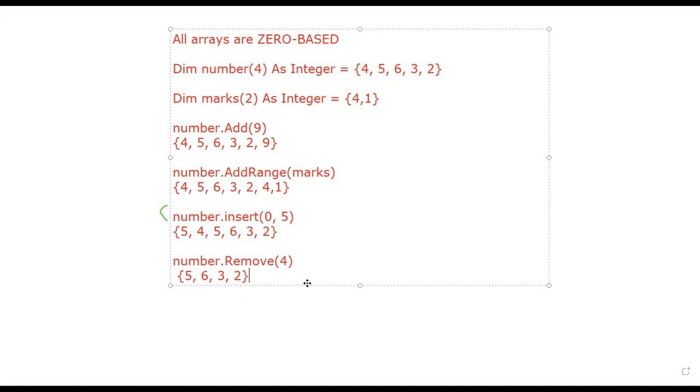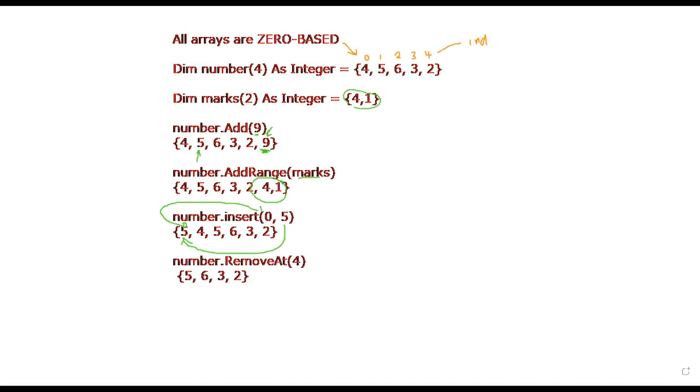If we say remove at, with the remove at, what you do is you specify the index. So if I say remove at 4, this 4 doesn't mean we are removing the element 4. Rather, it means that we are removing at index 4. And index 4 is what?